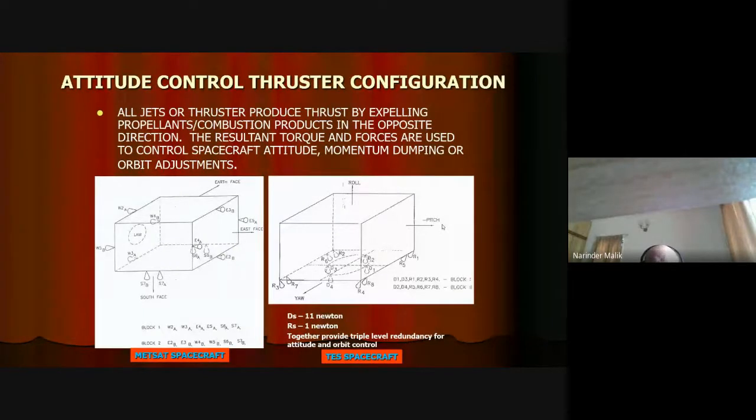The propellant minimization will be with the optimal configuration, 6 thrusters for 6 directions of torques. Here 4 thrusters, because you have to compensate: when you want torque about one axis, which particular thruster to fire, when you have a 2 axis requirement, which thrusters. So this is not a very optimum thing. But for practical purposes, this is what is used in the Chandrayaan spacecraft, the recovery experiment spacecraft.